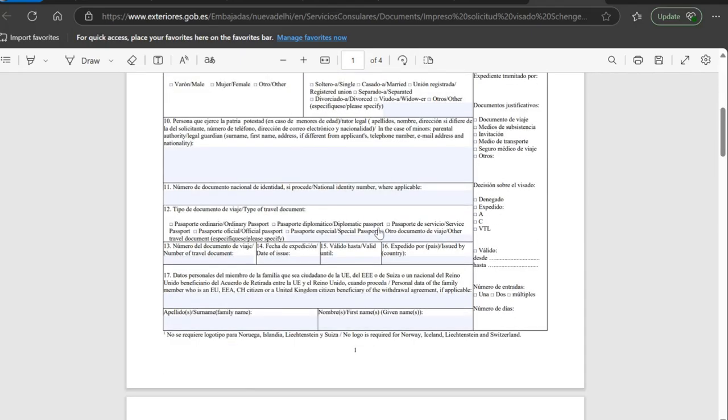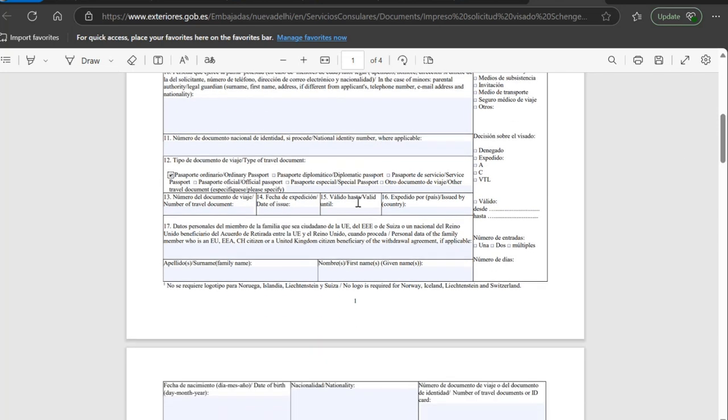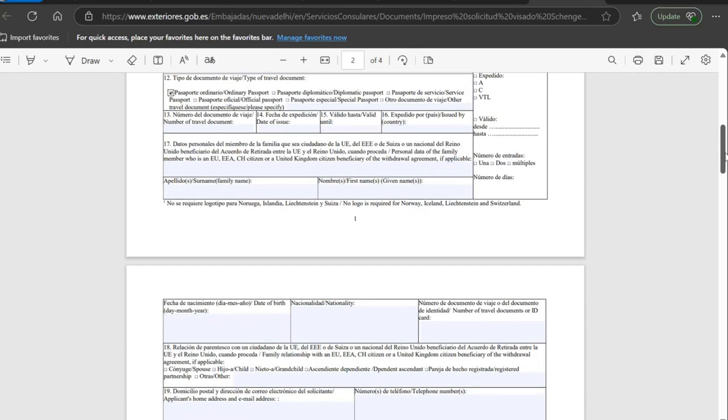The passport that most people are using is going to be an ordinary passport. Diplomatic passport, only diplomats get, right. Then passport details, and any detail you put in this form, make sure you check it 2 times, not just once. Personal data of a family member who is an EU, EEA, Switzerland or UK citizen, benefit withdrawal agreement if applicable. Then provide information.